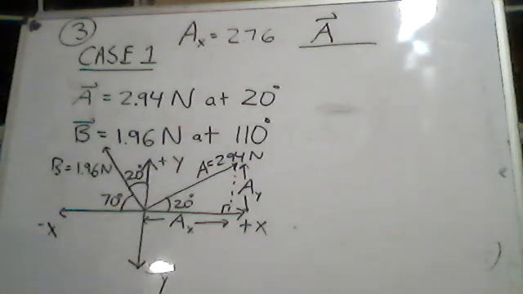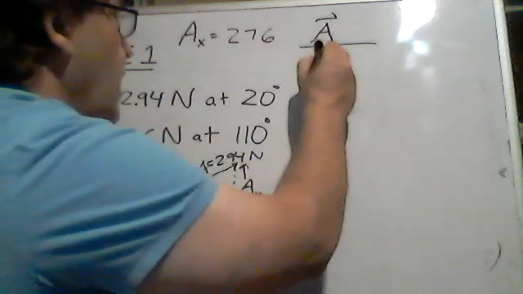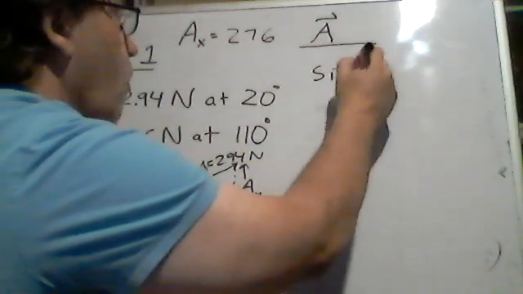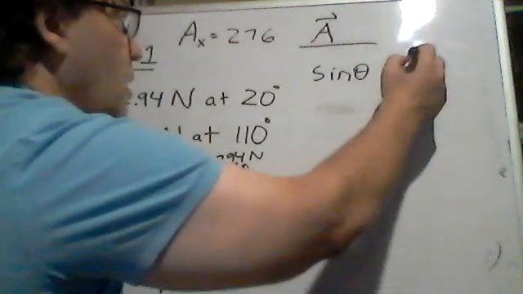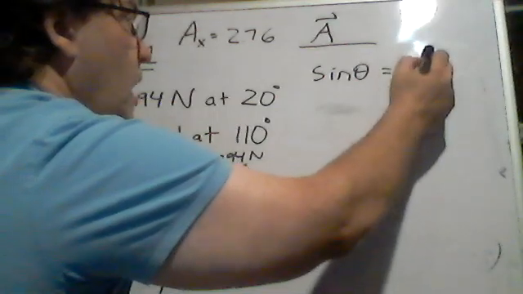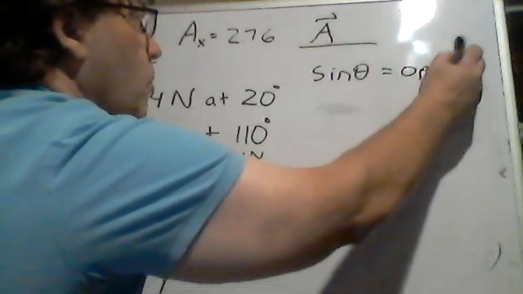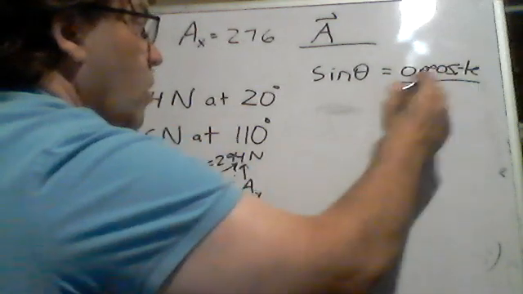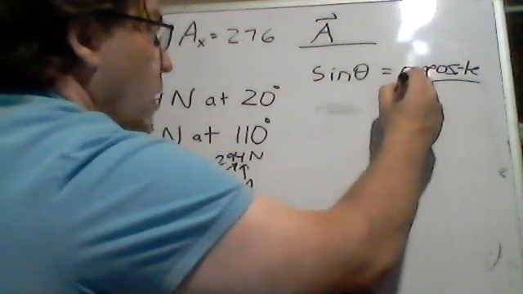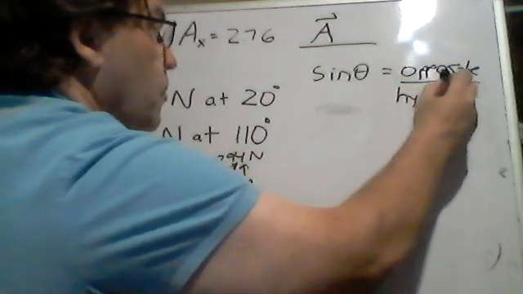So when I use words like opposite and hypotenuse together, I think of sine, right? And so the sine of theta is, I'll just write it out, opposite over, sorry for my handwriting here, over hypotenuse.